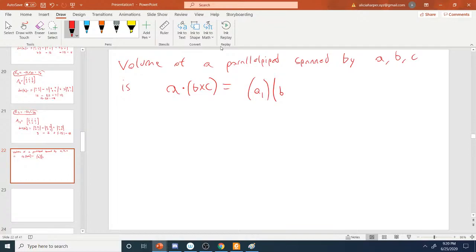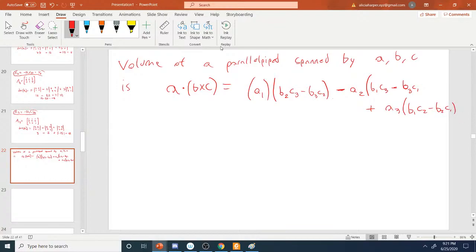So I believe this will be B2 C3 minus B3 C2, and then minus A2 times B1 C3 minus B3 C1, and then plus A3 times B1 C2 minus B2 C1.